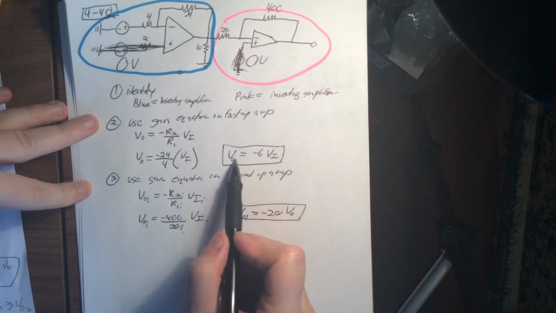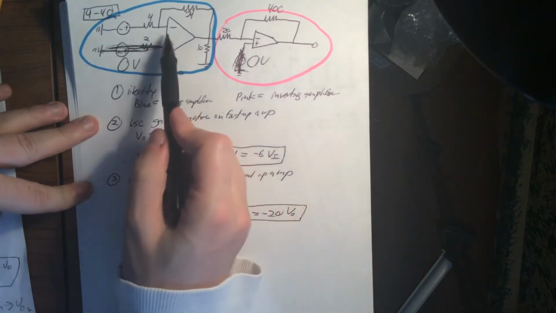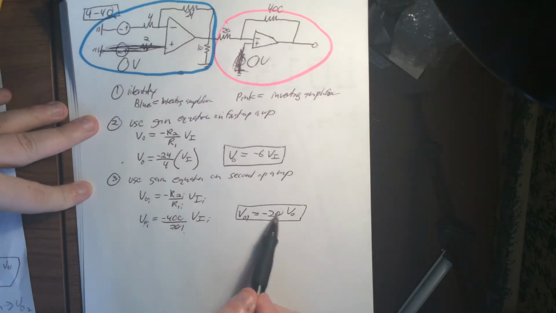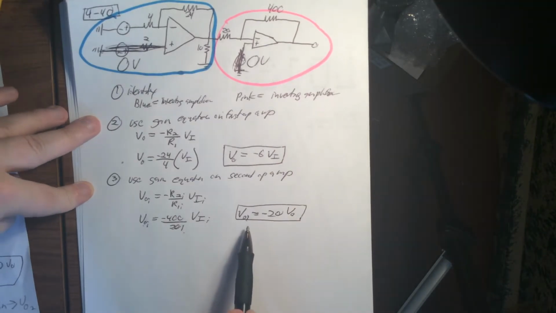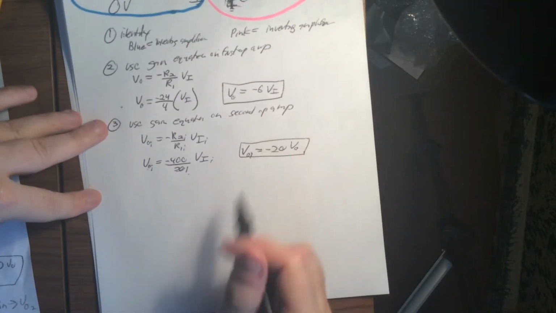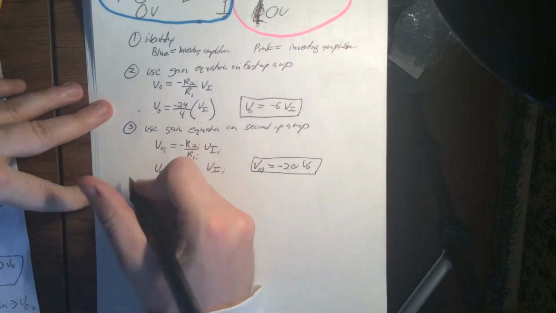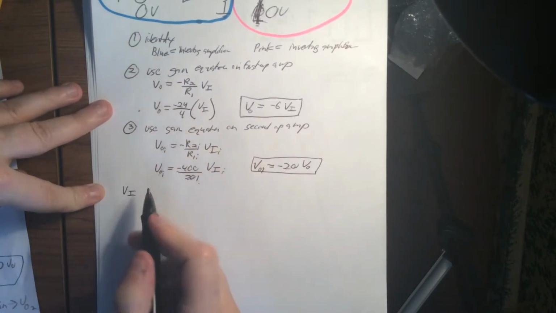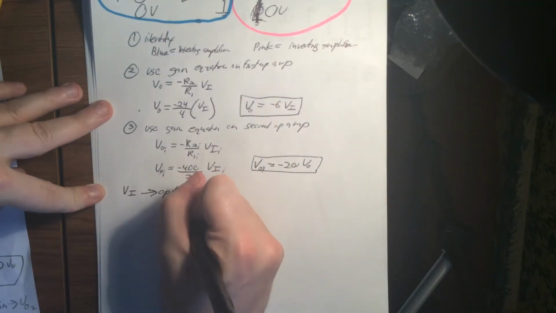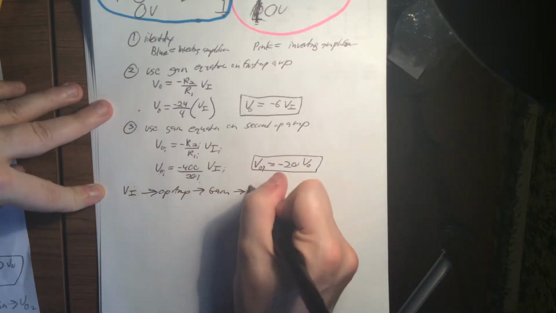So again, our input comes in here, gets bumped up, is given as our output. That output comes in here, gets bumped up, and it goes into this one that comes out. So the way I like to think of these for block diagrams are really not that difficult. I do it in words and then I make the blocks. So V input is going to go to the op amp, it's going to go to the gain, it's going to go to V0.